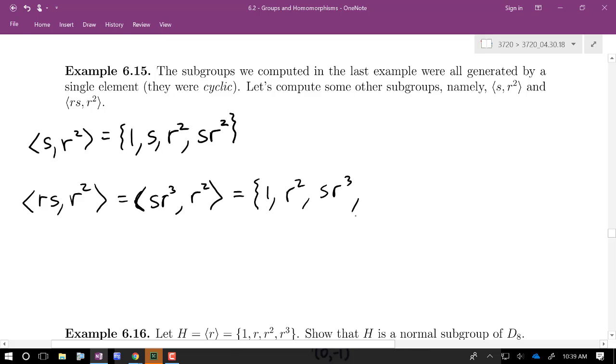So we get those by themselves. Let's see what we get if we combine these two elements together. So let's say sr cubed times r squared. What should that give us? SR, yeah, because we get sr to the 5th, and of course r to the 5th is the same as r to the 1st. So there's our other element.